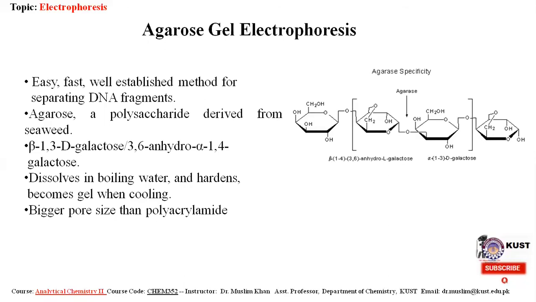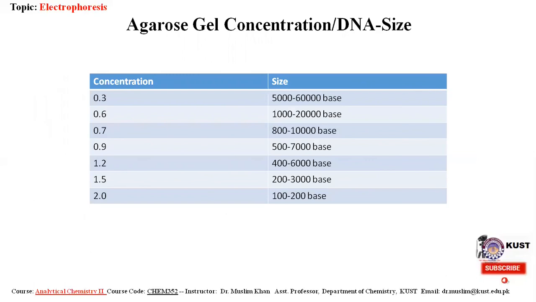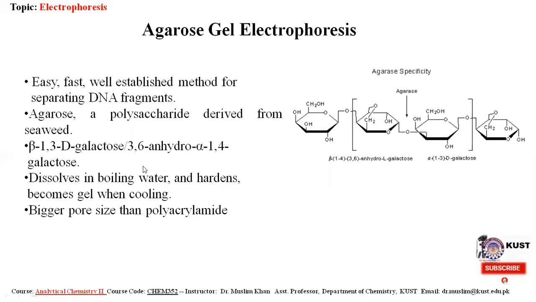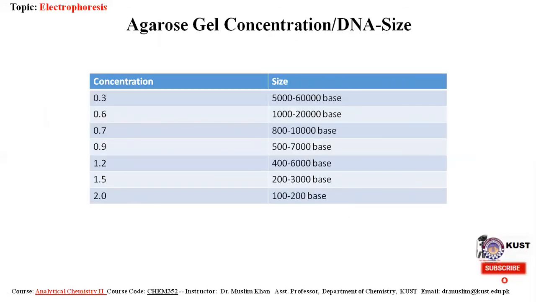It has a bigger pore size than polyacrylamide. That can be an advantage sometimes, but a disadvantage sometimes as well. As I told you in the last lecture, this is a well-established method for DNA fragments.